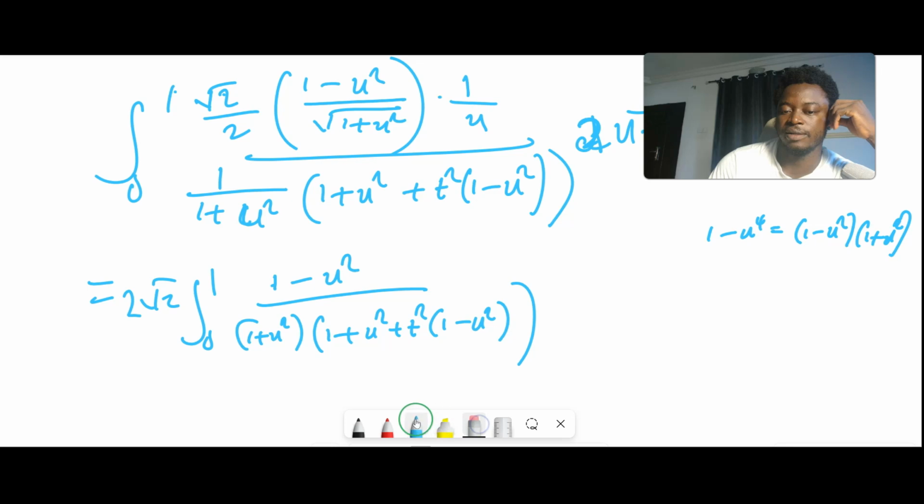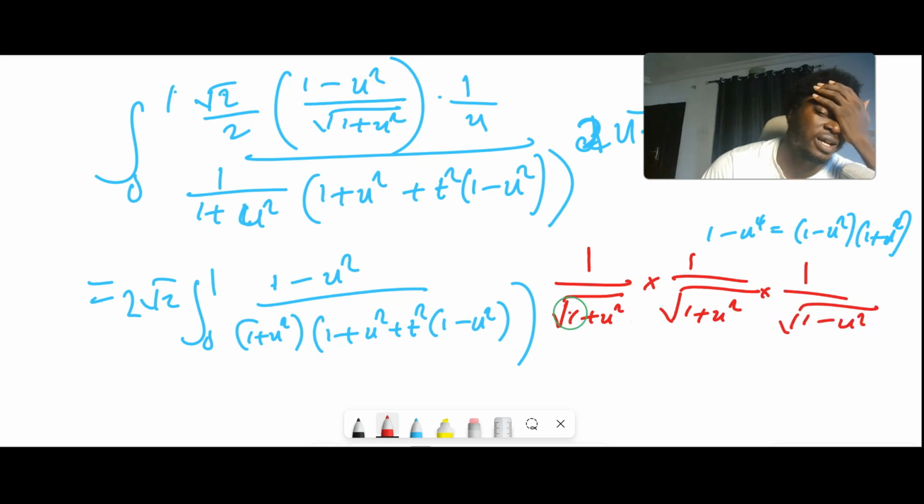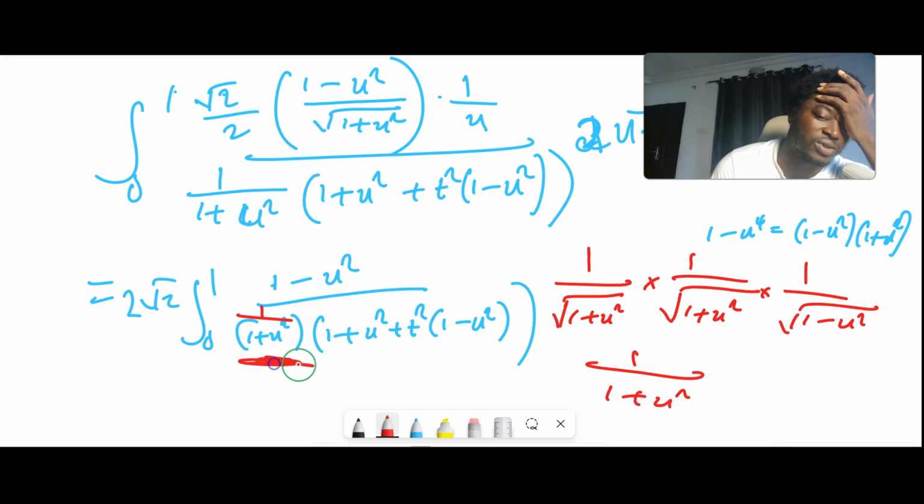Then, since the square roots come to the bottom, you have 1 over square root of 1 plus u squared times 1 over square root of 1 plus u squared times 1 over square root of 1 minus u squared. So these two become 1 over 1 plus u squared, and they cancel out with this.